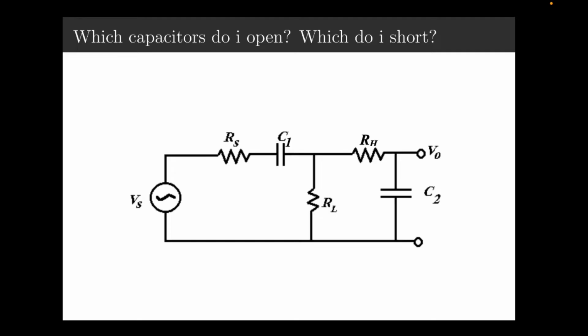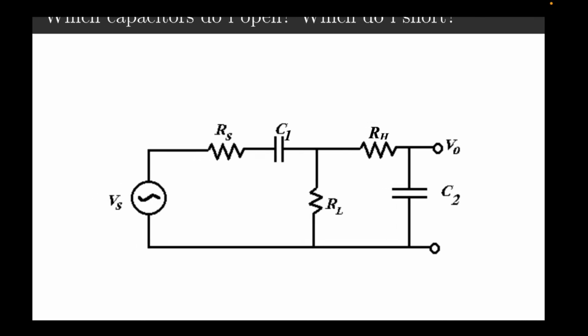One way you could find this is by doing casework. It's basically what you said. Looking at these capacitors, you just consider low frequencies and high frequencies. At low frequencies, these capacitors would be opened.